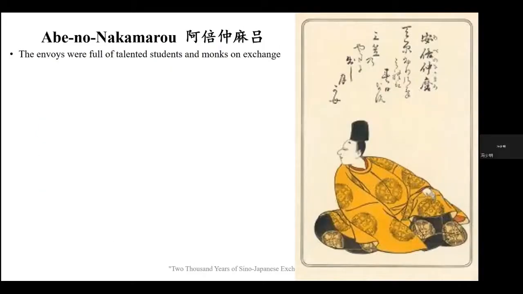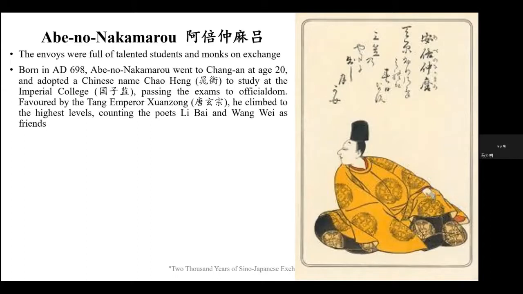So between the Chinese and the Japanese exchange, we have one person who is called Abe no Nakamaro. He was one of the talented students and monks on exchange along these diplomatic envoys. Maybe let's talk a little bit about him. He was born in 698, and he actually went to Chang'an at age 20, and he had a Chinese name, Chao Heng, to study at the Imperial College.